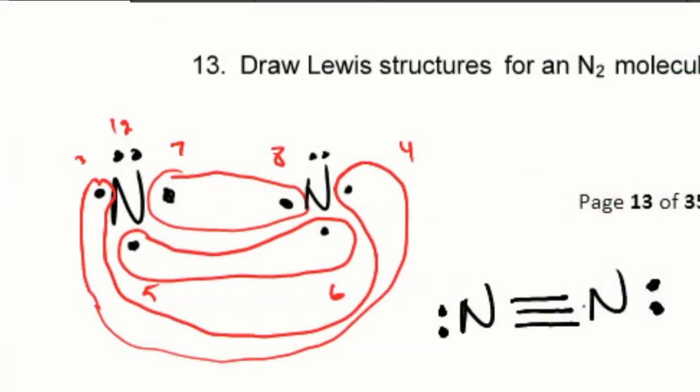Each one of those lines represents a shared pair of electrons. So if we do the count again, we have 1, 2 on the side. This nitrogen also has 2 on the side. And each line represents a pair. So this is 2, there's another 2, another 2. So there's 2, 4, 6, and then 7, 8 on the side.